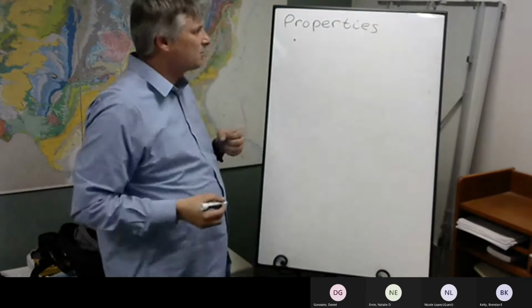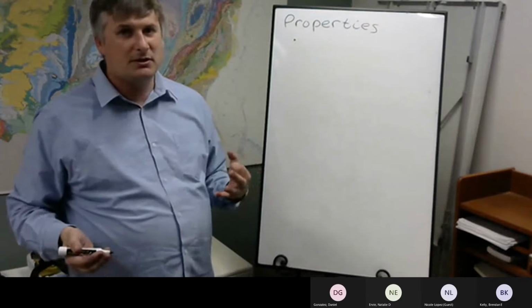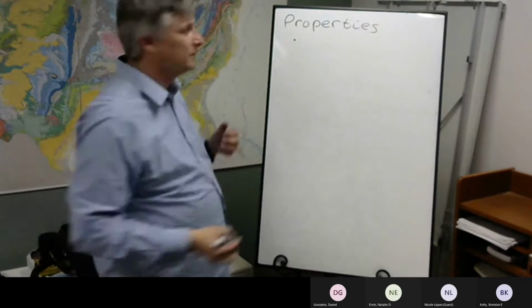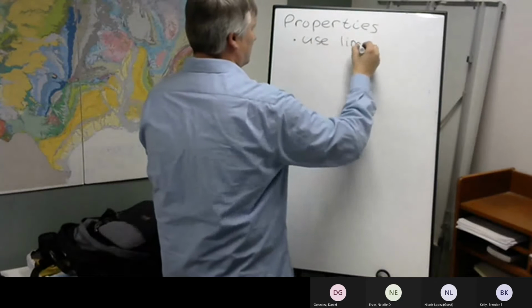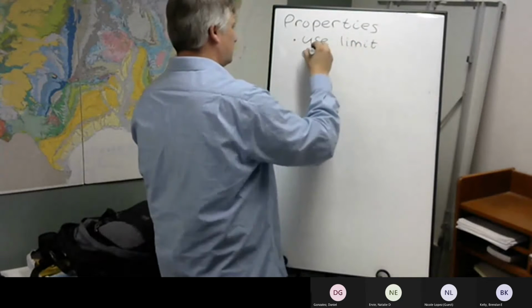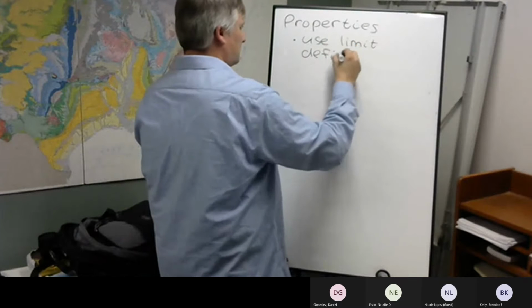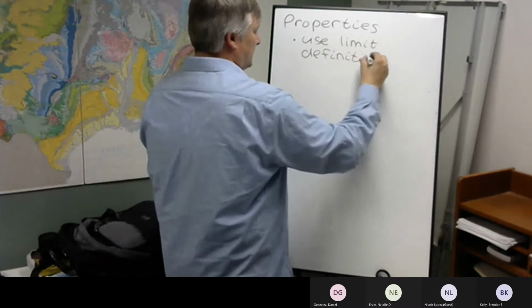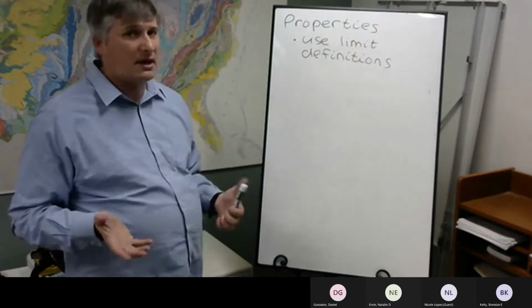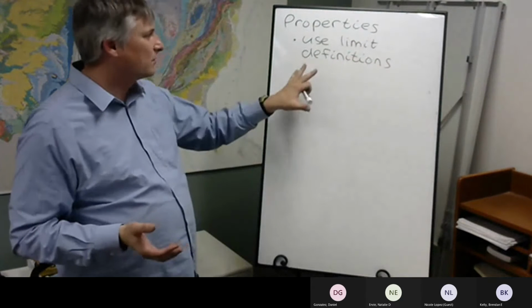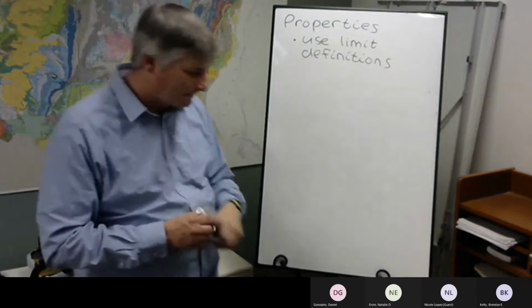These properties are computed by using the limit definition of a derivative. And if you're interested in these, they do have them in the text. But I'd like to at least go over a few of these later.